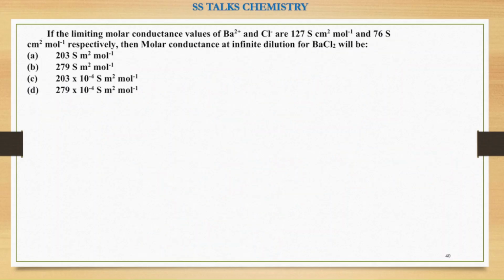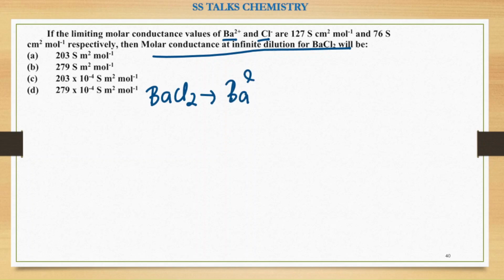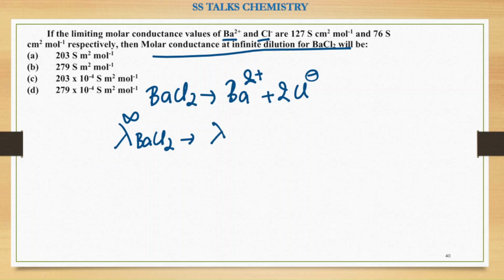If the limiting molar conductance of the barium and the chloride ions are this much and this much, what is the molar conductance at infinite dilution? Very easy. BaCl2 is going to dissociate to give barium 2 positive plus 2 Cl negative. So the molar conductance at infinite dilution for barium chloride is the sum of the molar conductance of the barium 2 positive plus 2 times the molar conductance at infinite dilution for the chloride ions.